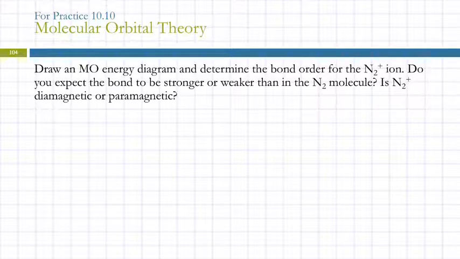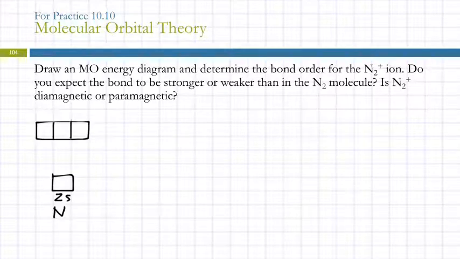Well, first we need to think about a nitrogen atom and think about the valence electrons, right? Let's not put electrons in yet. Its valence electrons are in the 2s and the 2p, right? And how many valence electrons does it have? 5. So 1, 2, 3, 4, 5 valence electrons.